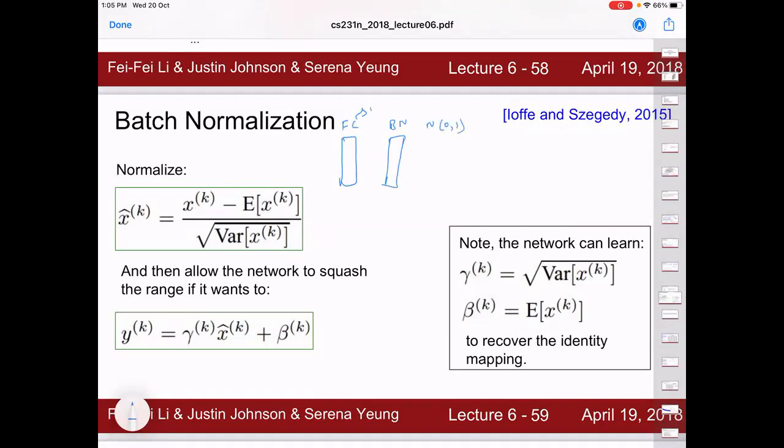Each dimension could instead be mu comma sigma square. So why should we always map to 0 comma 1? Can we map this to a known mean and variance, say a mean of beta k and variance of gamma k? The answer is yes.